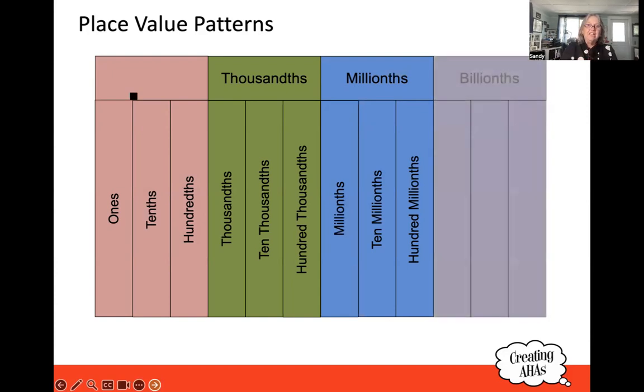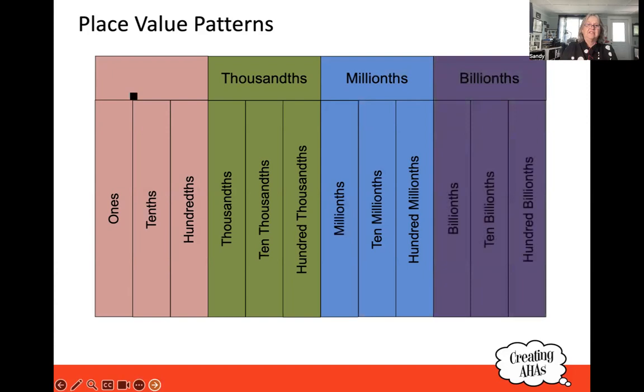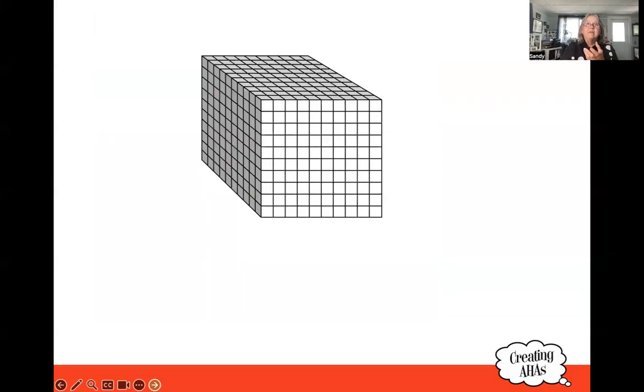Now, as we keep going with this, we want to make sure that your children have visual images for what they're doing. I use this as the 1,000 block, thinking to the left of the decimal point. But what if I said this was our whole? This is my 1.